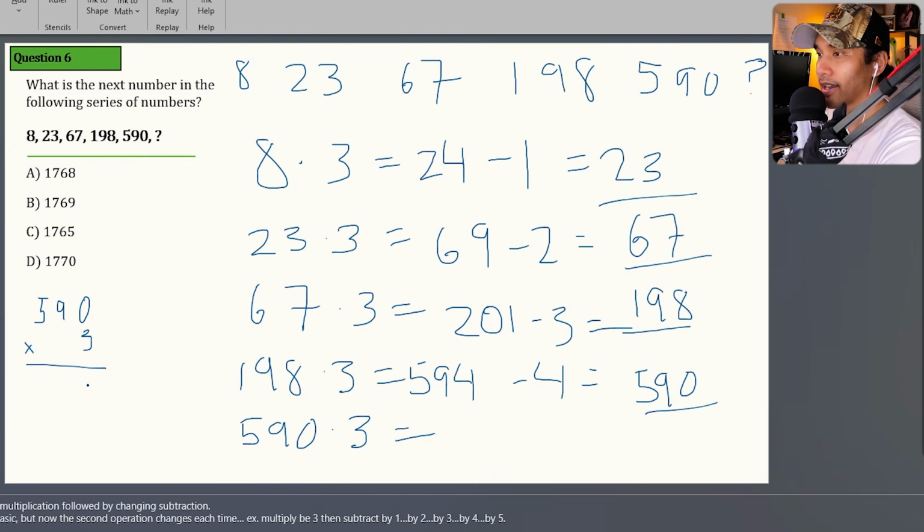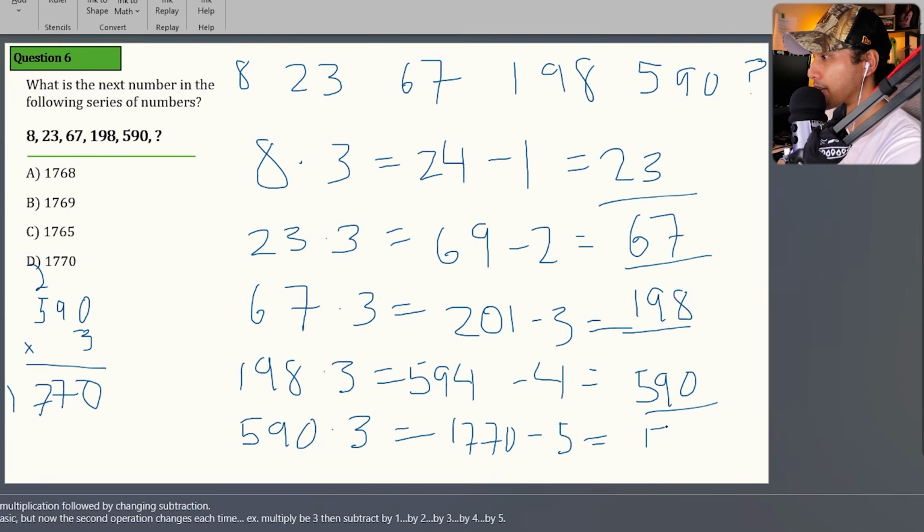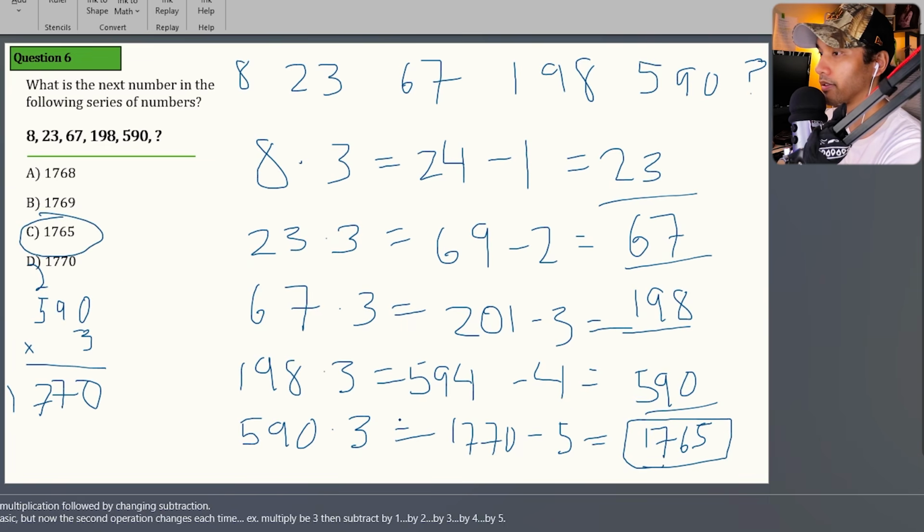Like, that's not going to do, lady. I'm going to need a lot more than that. Okay, this is a 3, 27, 2, and 15, 1770. 1770 minus 5 equals 1765. And that is our answer, which is going to be C.